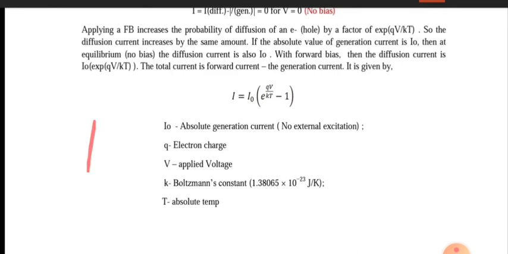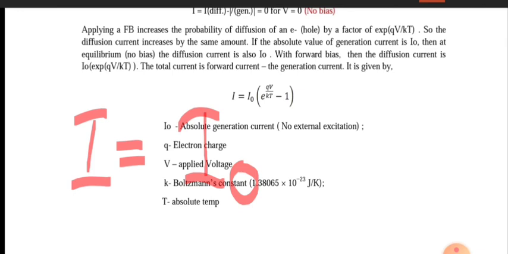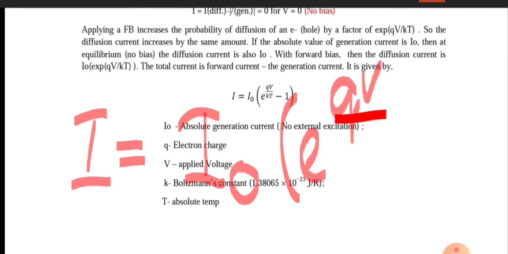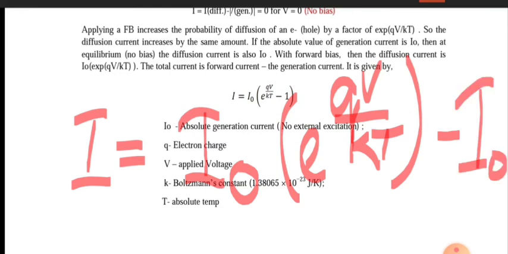So the total current is forward current minus generation current. We have seen the total current I is equal to I diffusion minus I drift, because both currents are in opposite direction. Here the I diffusion is I naught, the absolute value of the generation current, into e raised to qV by kT, minus the generation current, that is I naught.